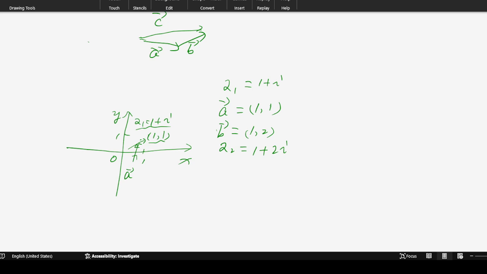So here is 1 plus i and 1 plus 2i. We want to put them together. So we know how to do that.